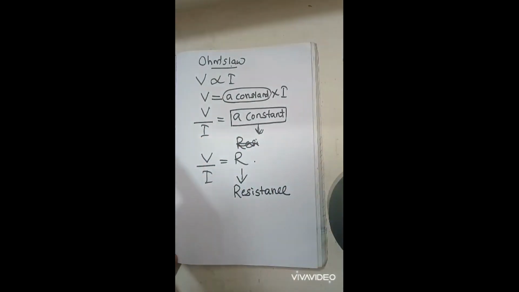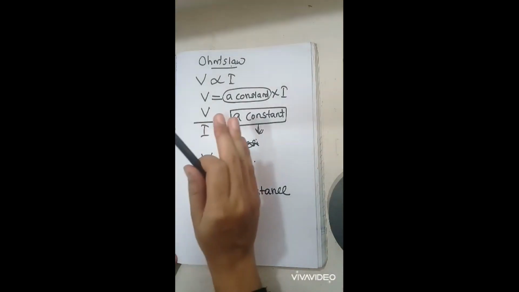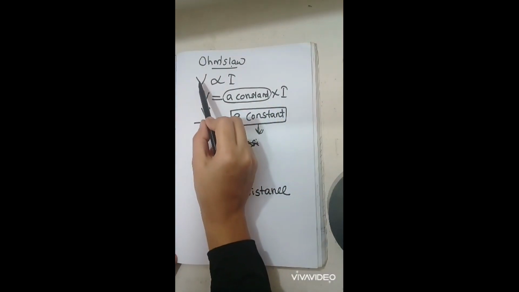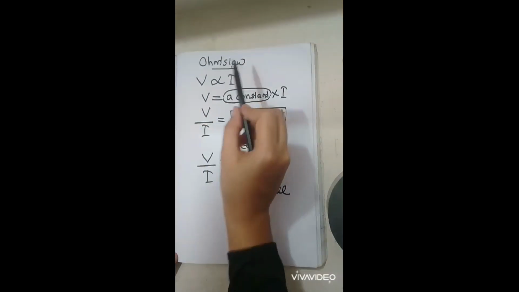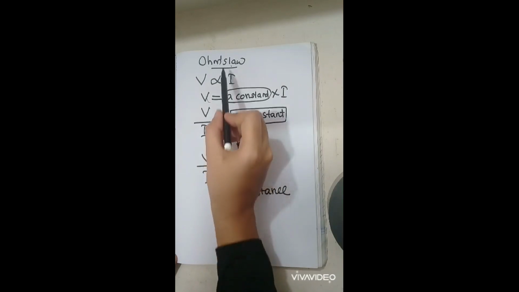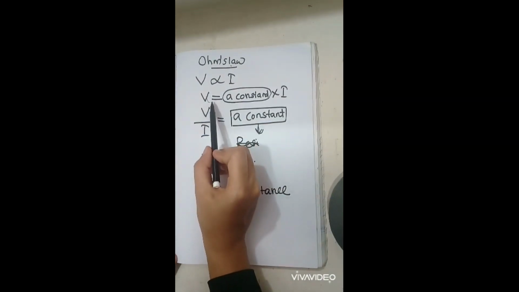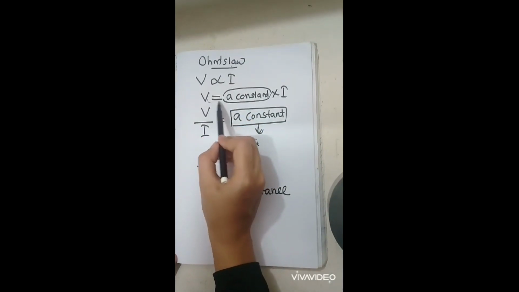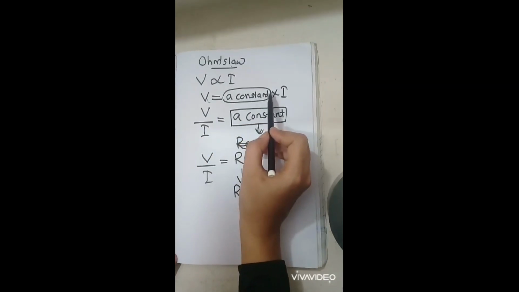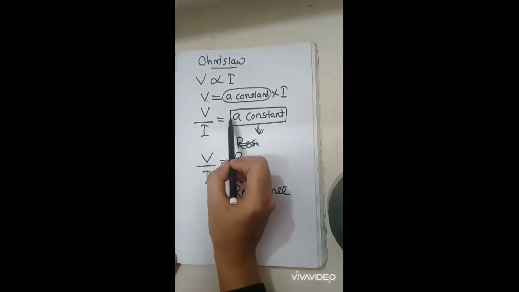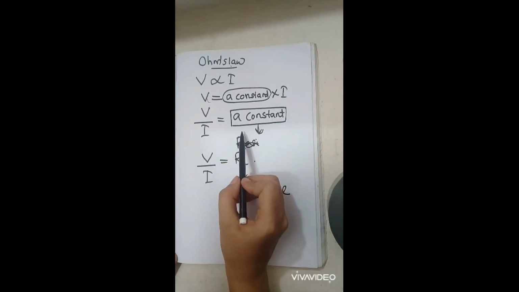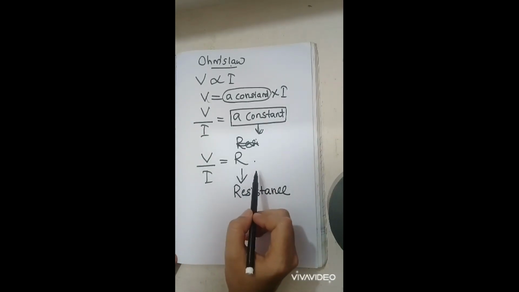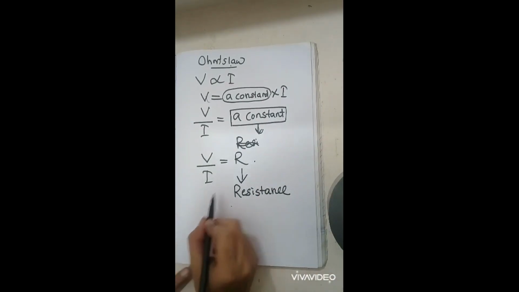When the temperature does not change, the potential difference is always proportional to the current. That is, in order to change the proportionality into an equal to sign, V equal to a constant into I. V by I is equal to a constant and we give the constant as R. That is, this constant R is called resistance.